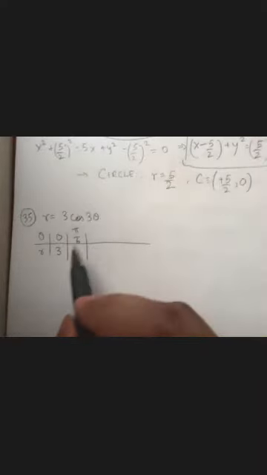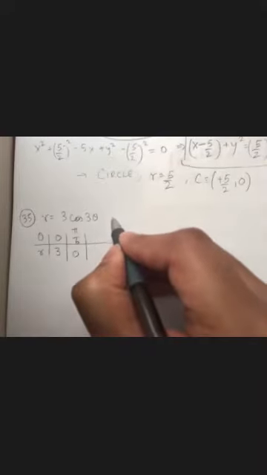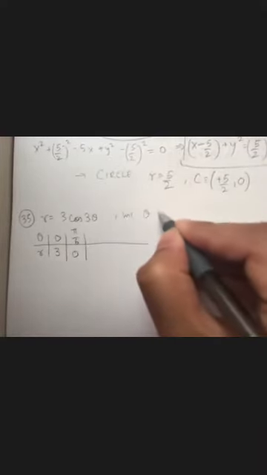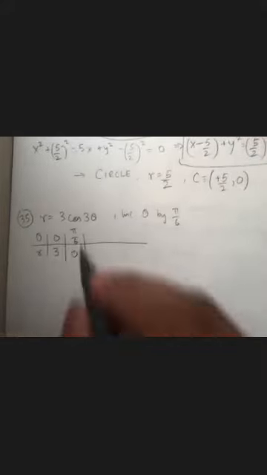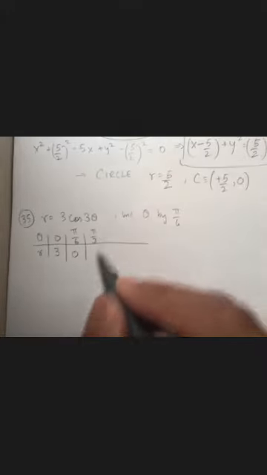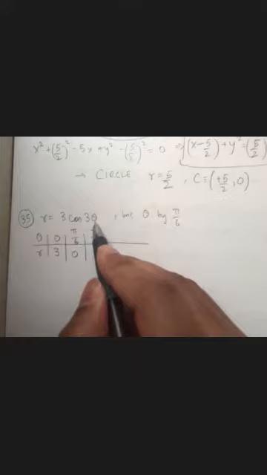Then we will increase theta by pi/6 intervals. So we get 2 pi/6, which is the same as pi/3. 3 times pi/3 is pi.